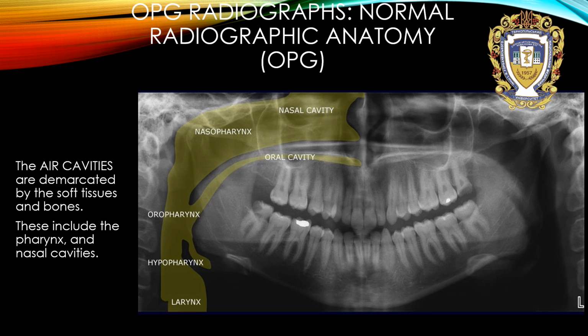Moreover, we can evaluate air cavities on OPG. The air cavities are demarcated by the soft tissues and bones. These include the pharynx, nasopharynx, oropharynx, hypopharynx, nasal cavity, oral cavity. Oral cavity is not all this area.